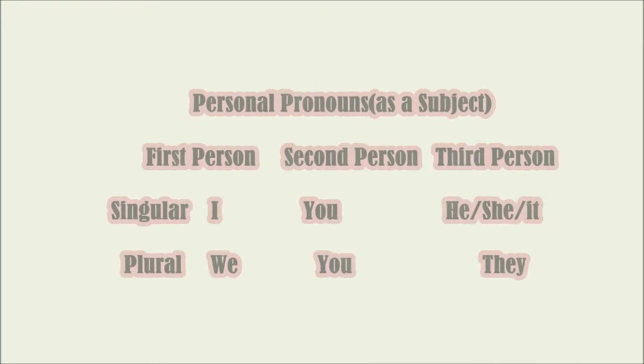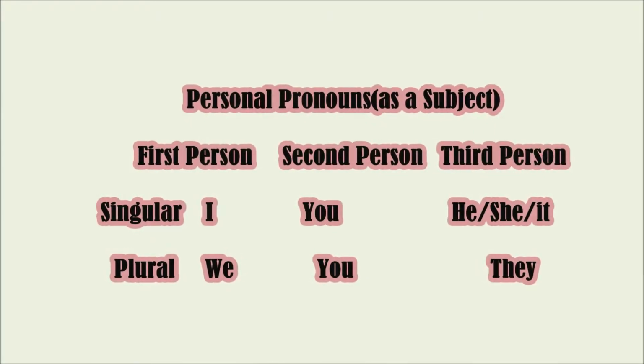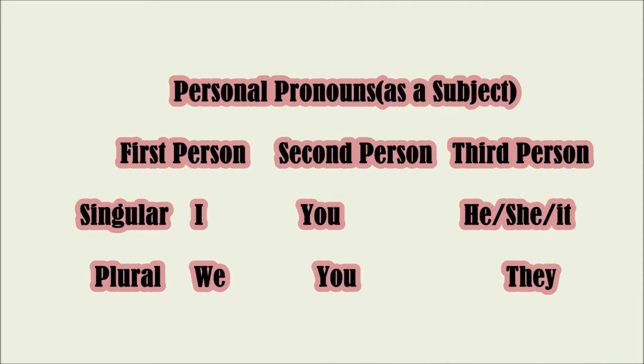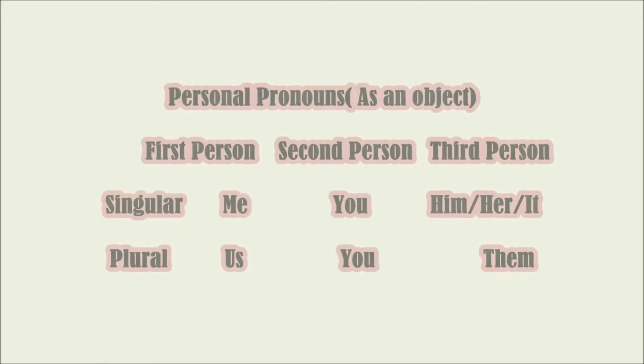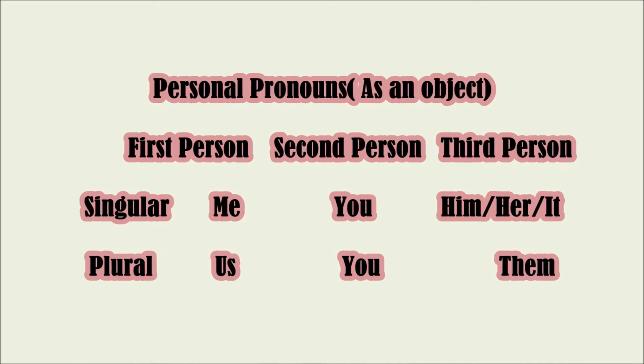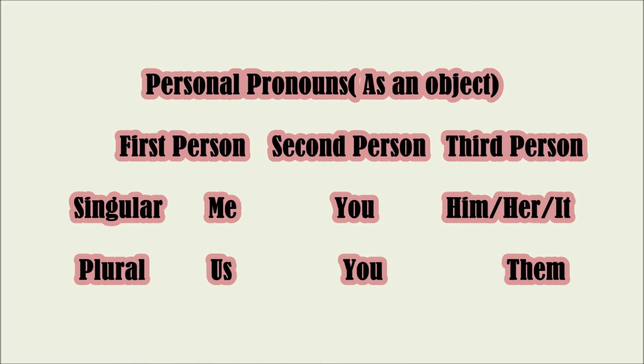Have a look. When used as a subject, the personal pronouns in first, second, and third person for singular are I, you, he, she, and it, and for plural they are we, you, and they. When used as an object, personal pronouns singular for first, second, and third person are me, you, him, her, it, and for plural they are us, you, and them.